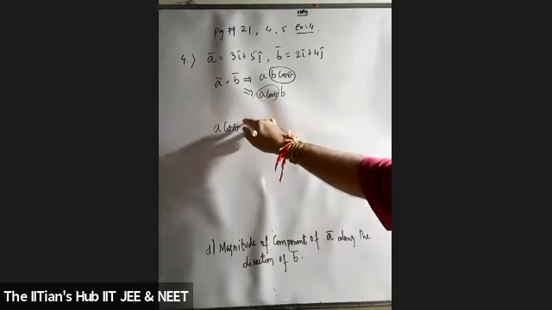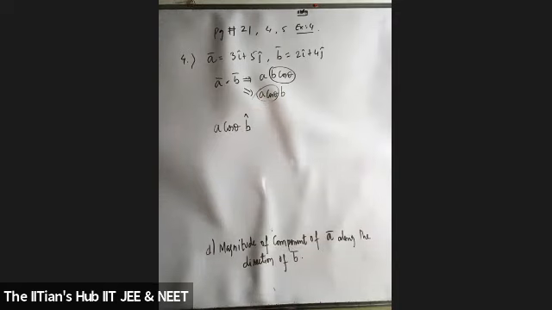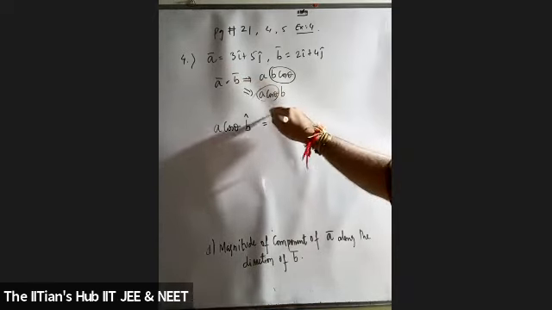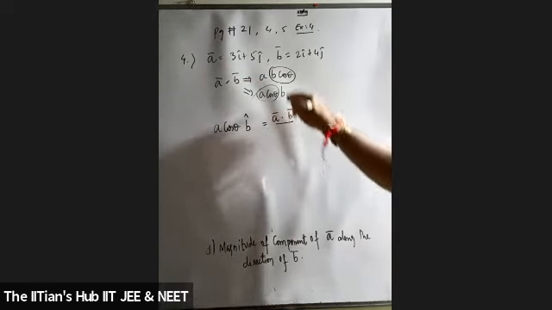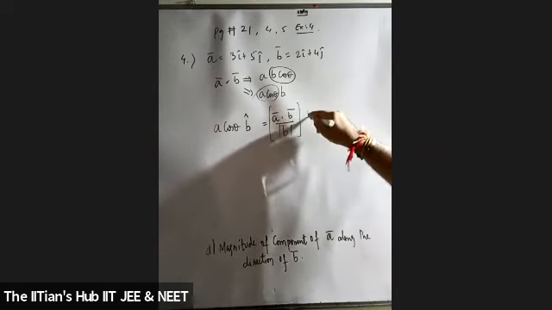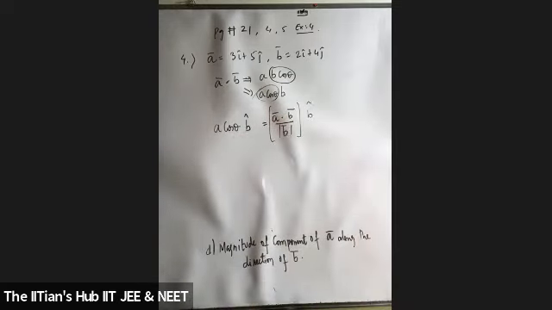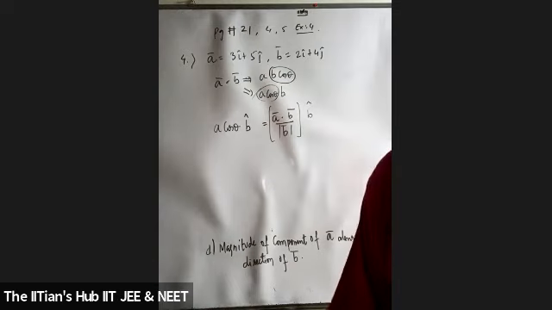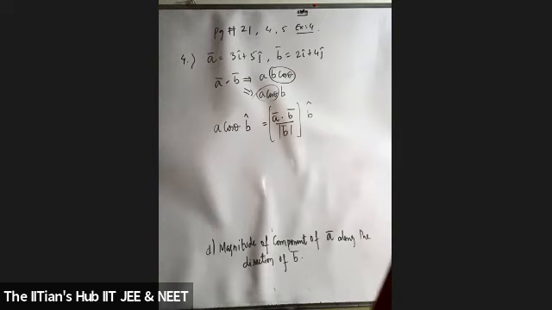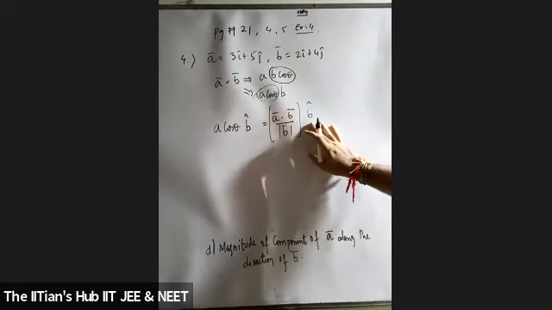But here I write along the direction of unit vector B. If I put unit vector B, students, what is my answer? Tell me, students, what is my answer? You will say, sir, A dot B upon magnitude of B into unit vector. Is this clear, students? Yes, sir. Okay, now when you are solving it in this manner, what exactly will your answer be? Tell me, students, the magnitude of unit vector is 1. What will be the answer of A dot B?